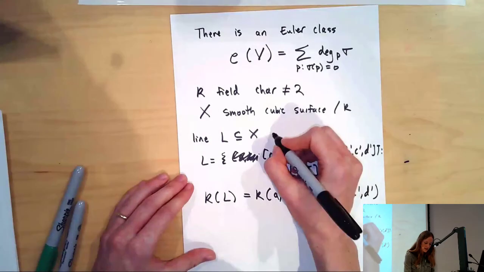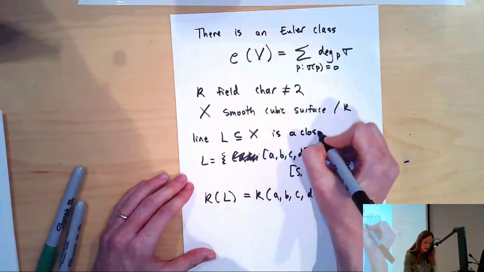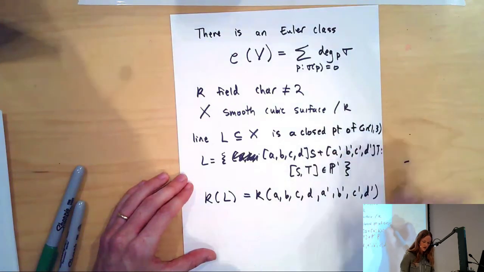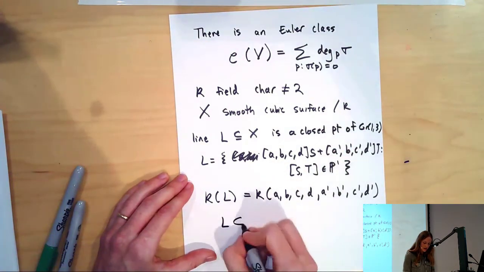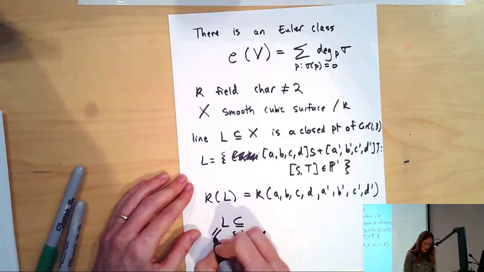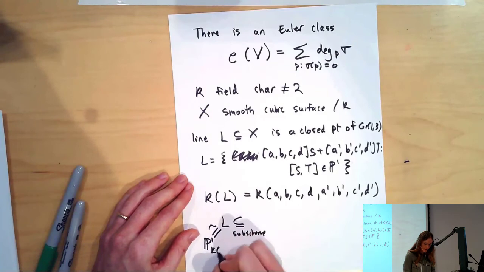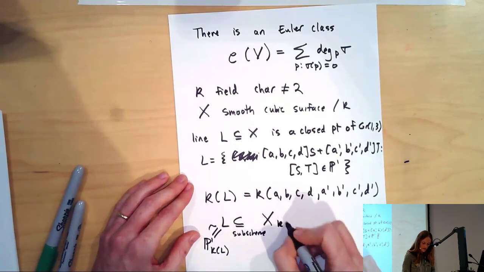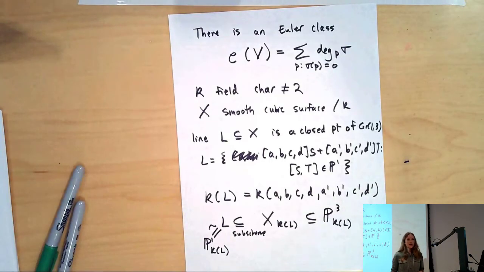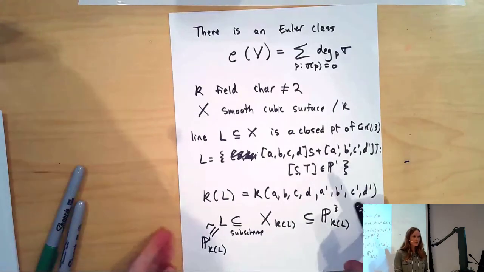So a line is a closed point of the Grassmannian, and so it really determines a closed subscheme isomorphic to P1 over K(L) inside X over K(L) inside P3 over K(L). So the lines are like we solved for in the Fermat. We could take these cube roots of -1 and let's remember that they're there.